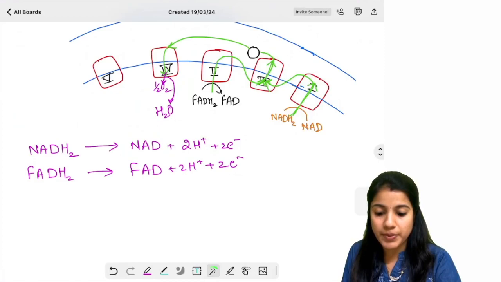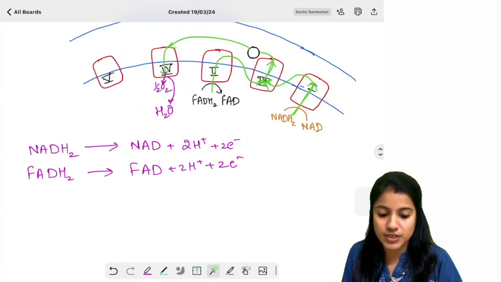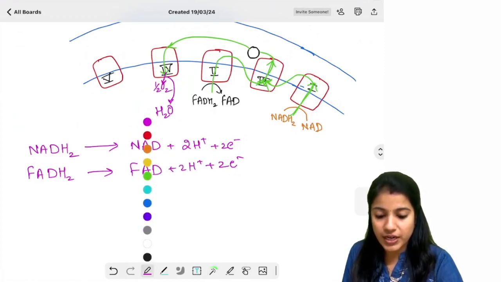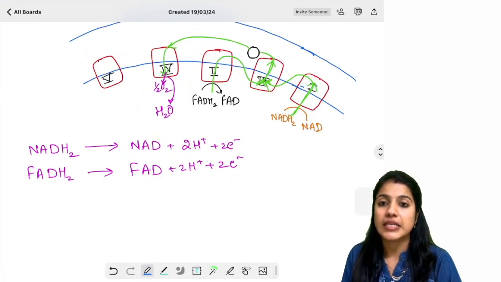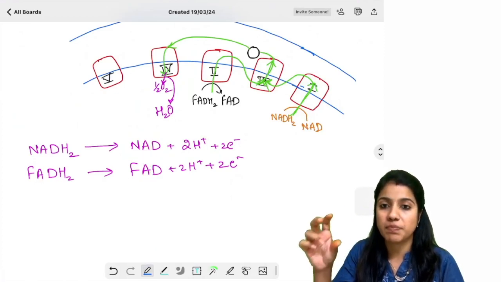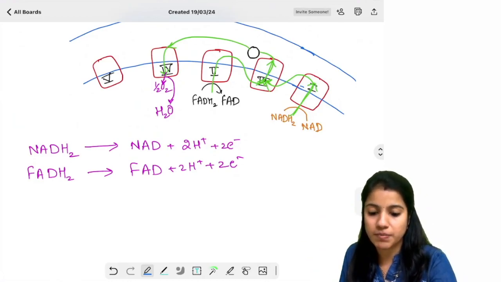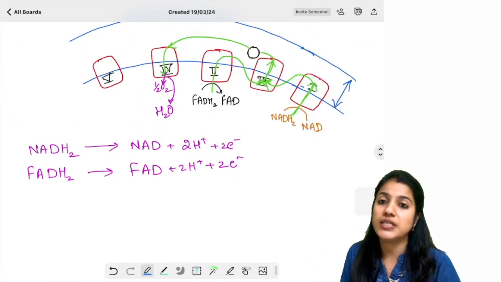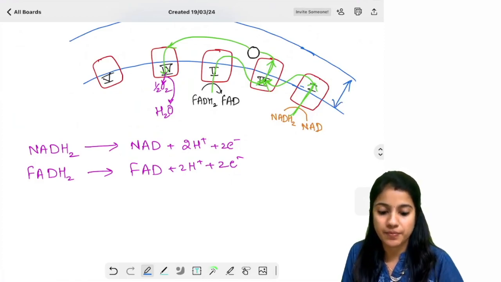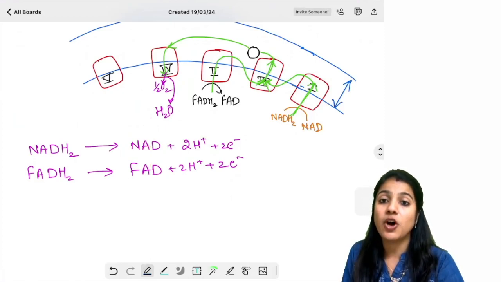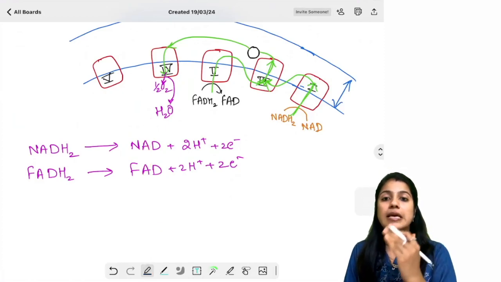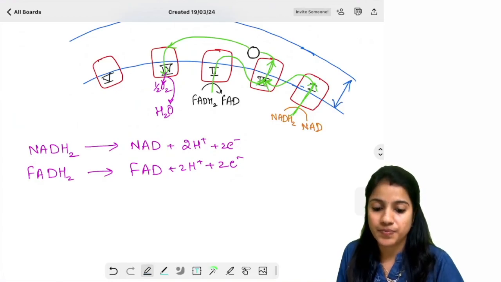Last, what happens during this electron transport system? During every electron transport, there is pumping of the proton in the intermembranous space of the mitochondria. That means here, this is the intermitochondrial membrane. So, whenever there is transport of electrons, pumping will be there. Now, which complexes can pump the proton?